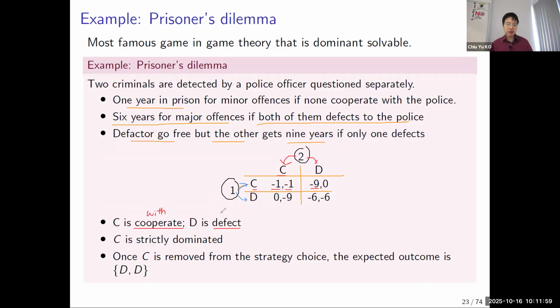It's the effect from the other guy because they are a group. So collaborate means that they keep their mouth shut, and D means defect, they tell the police. Okay, that's still okay. So if the other guy tells the police and you don't, you go to jail for 9 years, the other guy goes for 0. And reversely in the opposite case, and if everyone tells the police, everyone gets -6.